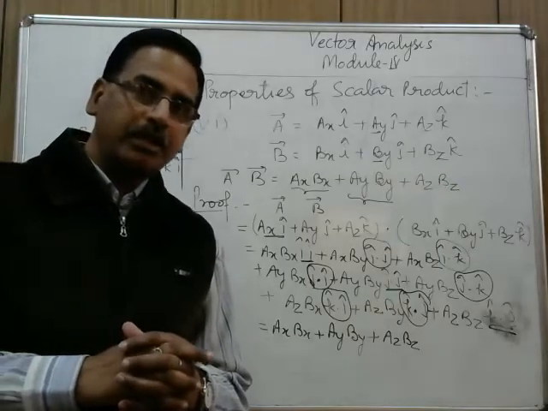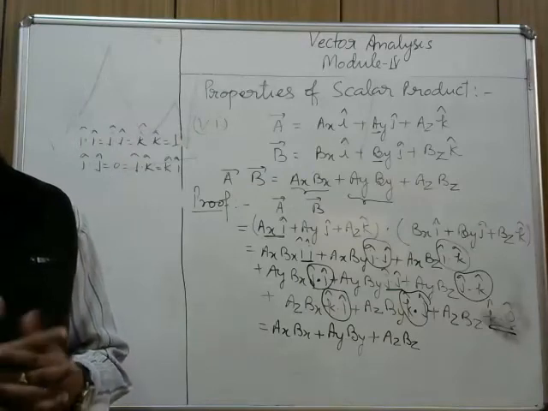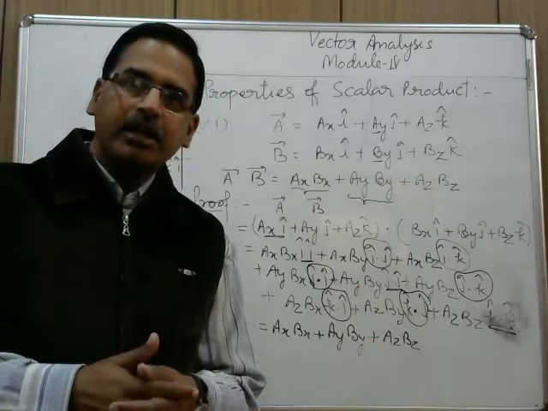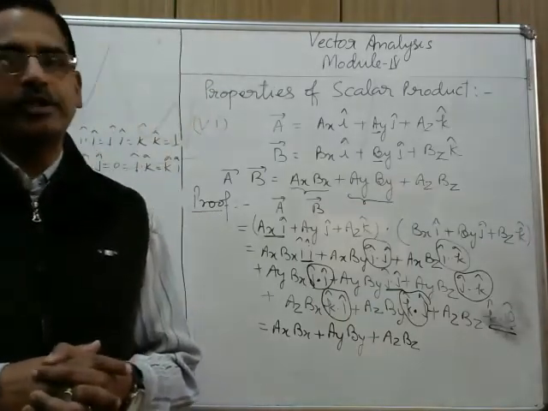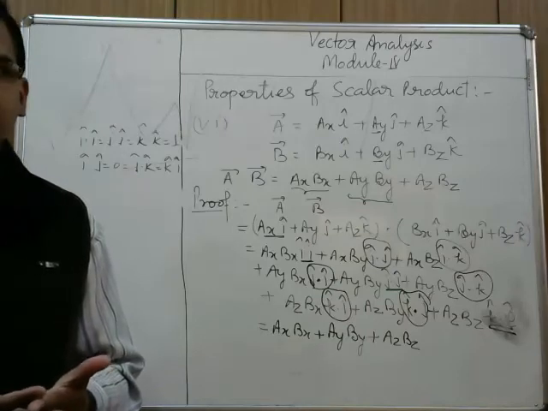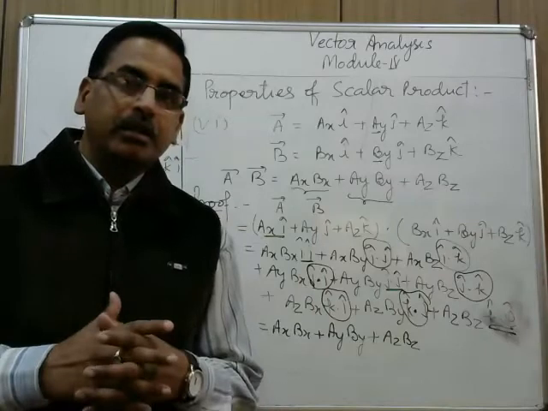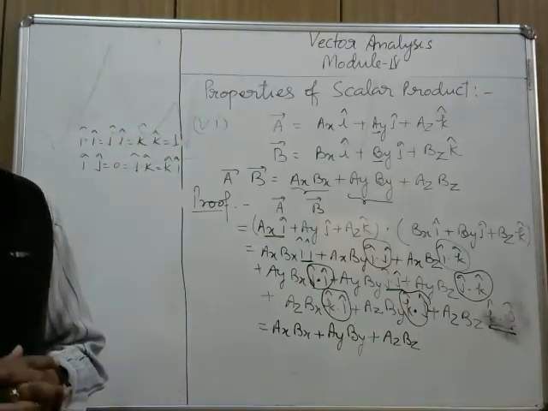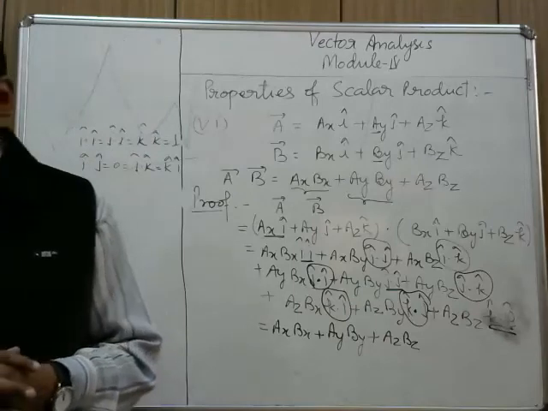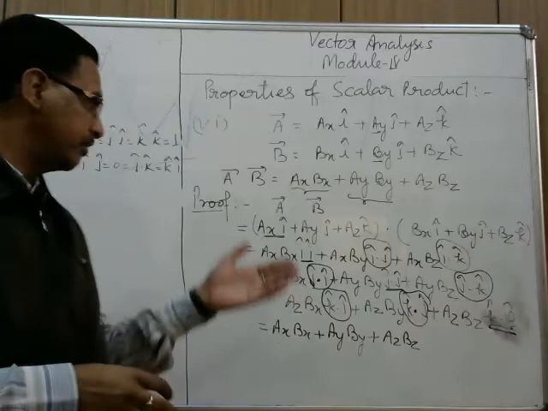And the scalar product of two perpendicular unit vectors, that is i dot j or j dot i, j dot k or k dot j, k dot i or i dot k is 0, because they are perpendicular, and perpendicular vectors have scalar product 0. Then the scalar product of two vectors is equal to the sum of the products of their corresponding x, y, z components, which we have proved.